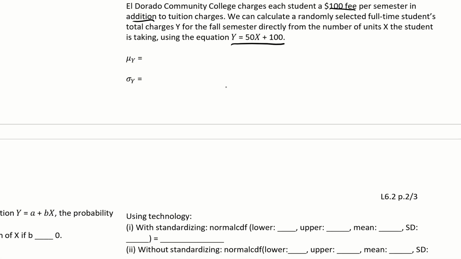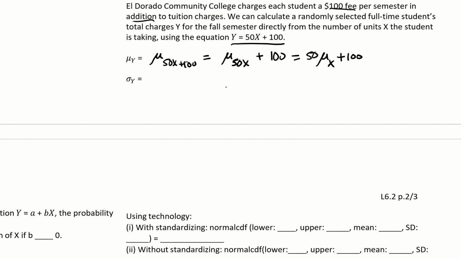Well, so this is going to be mu 50x plus 100 on the bottom. And remember that multiplication affects the mean, so it's going to become mu 50x plus, and addition affects the mean, 100. So the 100 is going to add to the mean, and then we're going to break this apart now. The 50 multiplies by the mean, like that. So I want you to practice manipulating that mathematical piece.